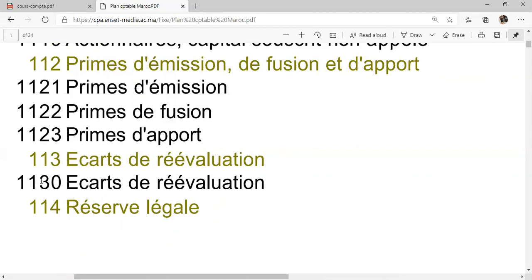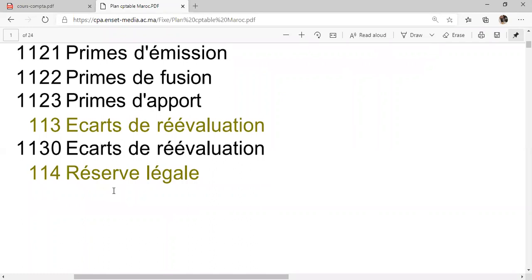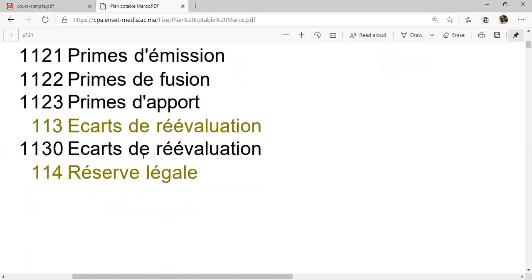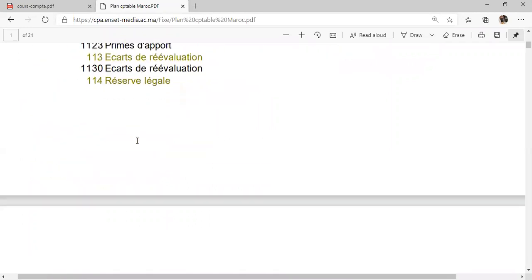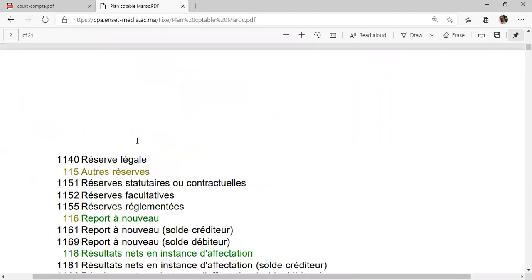The compte is the one with a zero at the end. It doesn't matter which figure is placed there. It's strictly a figure. It doesn't have to be zero, it doesn't have to be one. Any figure, as long as you see four of them, it's a compte. You see three of them, it's a poste. You see less, ainsi de suite.